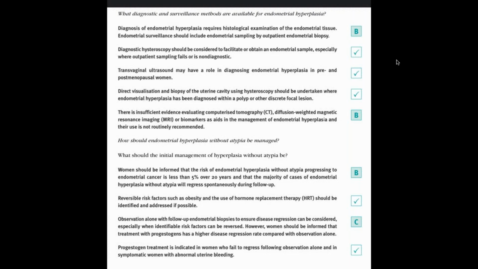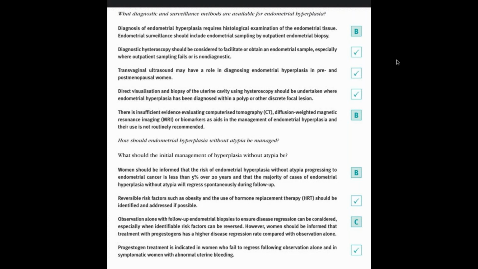If they have a high BMI, you can start controlling that. If they have PCOS, polycystic ovarian syndrome, if you start treating that, then that can help. So when you have risk factors that you could identify for the endometrial hyperplasia, you can start her on conservative management, okay, with biopsies.